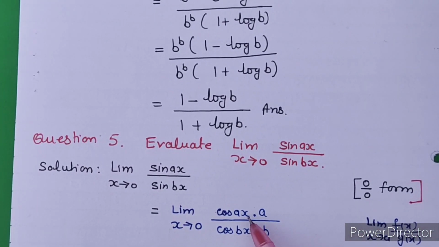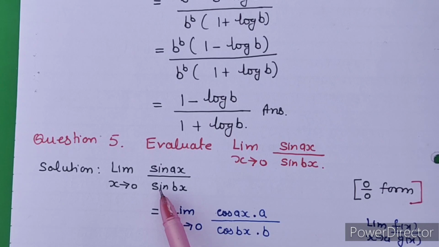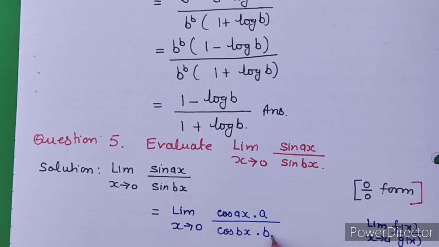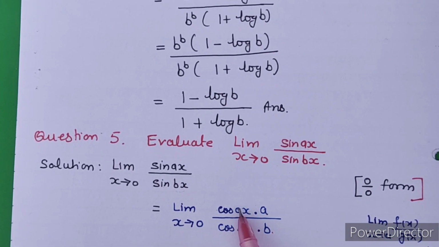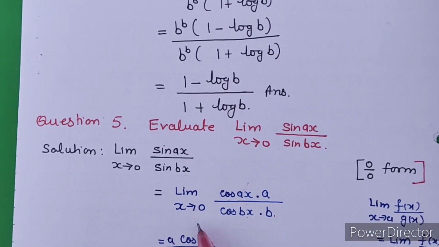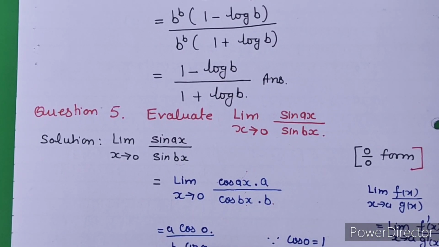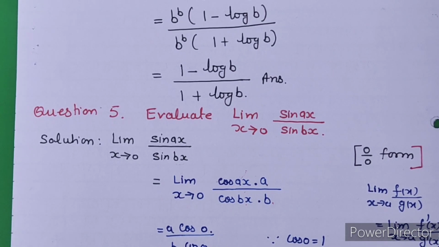So apply the L'Hopital rule. You will differentiate sin of ax, the sine derivative is cos of ax, into derivative of this inside term, that is a. Similarly, derivative of sin bx is cos bx and inside term's derivative is b. Now cos 0 you know that is 1, so in place of this you obtained 1, in place of this you obtained 1, so this limit gives you a by b answer.